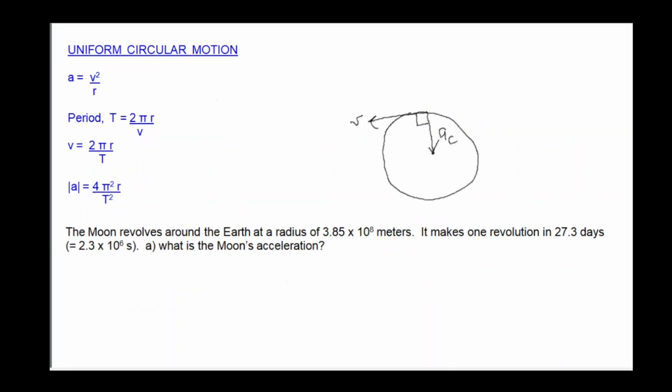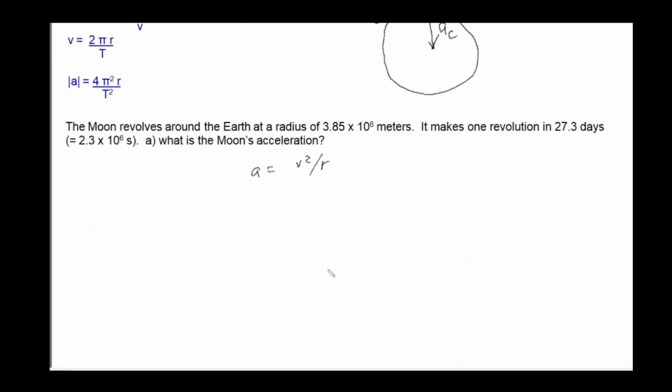The moon revolves around the earth at a radius of 3.85 times 10 to the 8th meters. It makes one revolution in 27.3 days, which is equal to 2.3 times 10 to the 6th seconds. What is the moon's acceleration? Well, we know acceleration is v squared over r, and in this case we have to find v first.